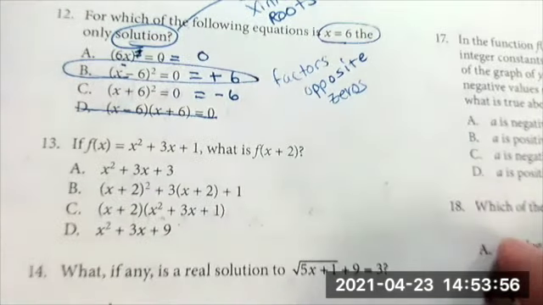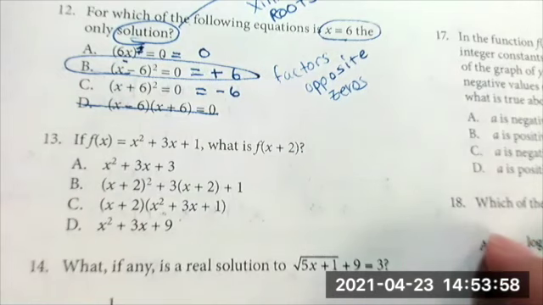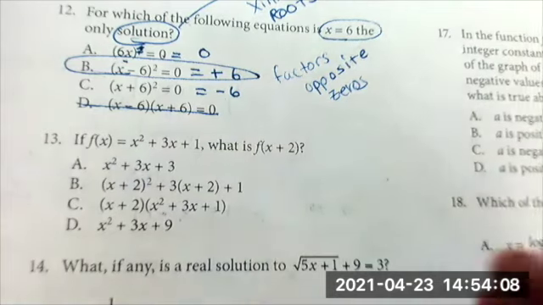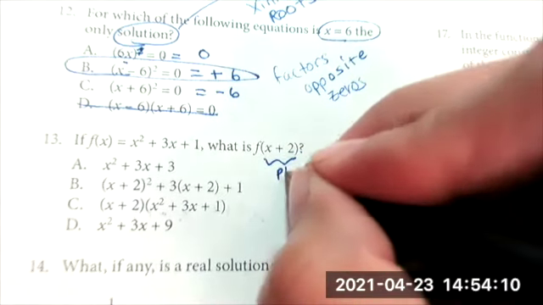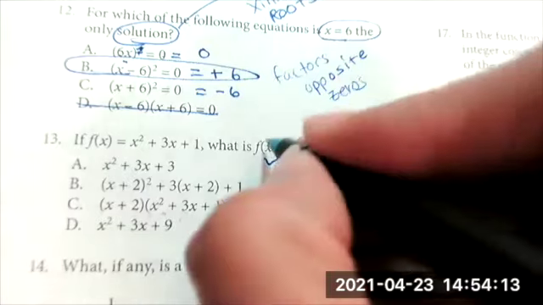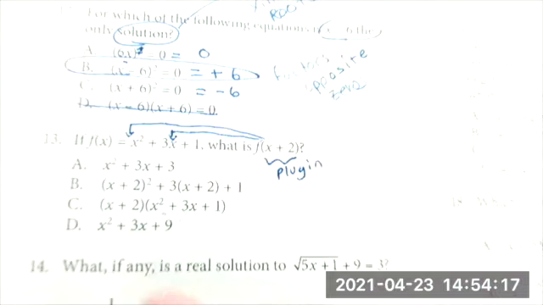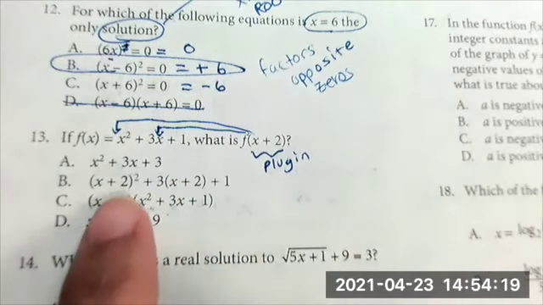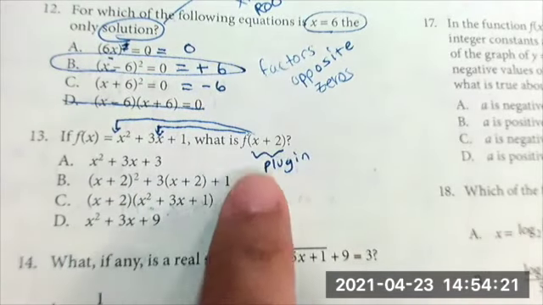Number 13. It says x plus 2 to the power of 2 plus 3. And remember what I told you, this is a plug-in. You're plugging in here and you're plugging in here. And I'm looking at my equations here and they don't want you to actually solve.